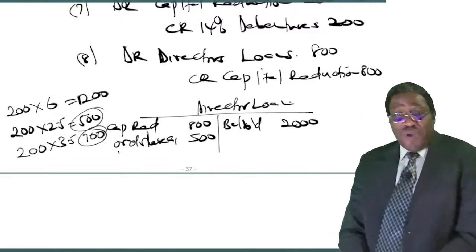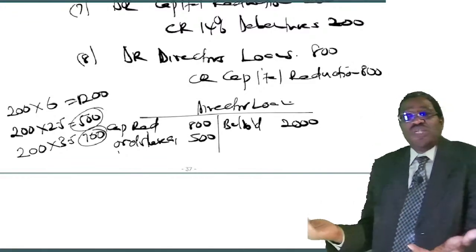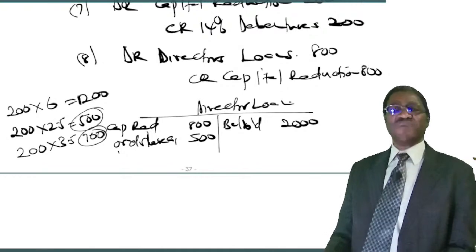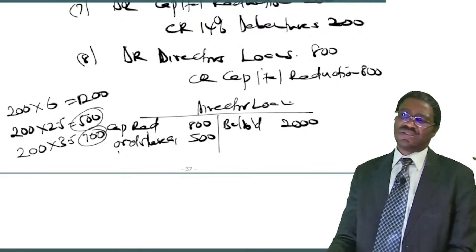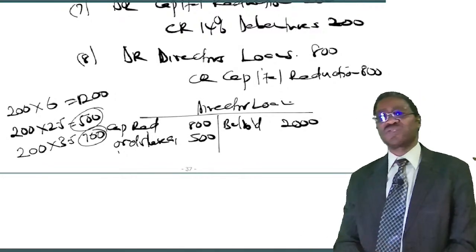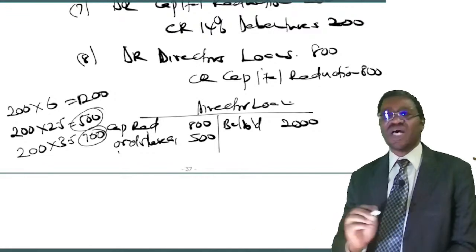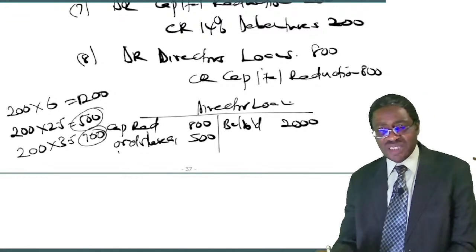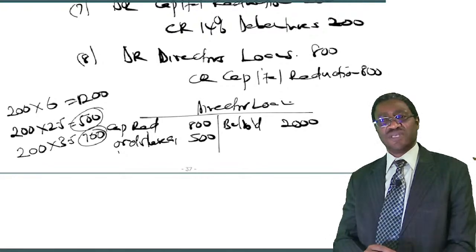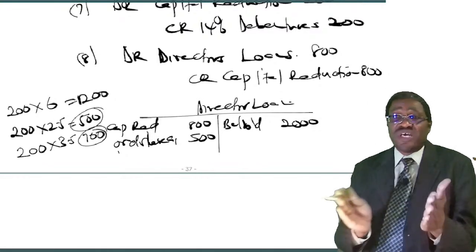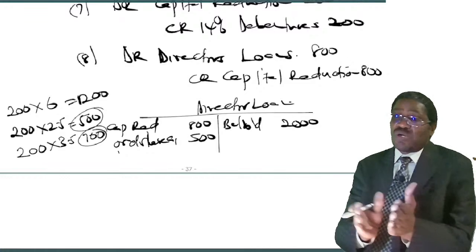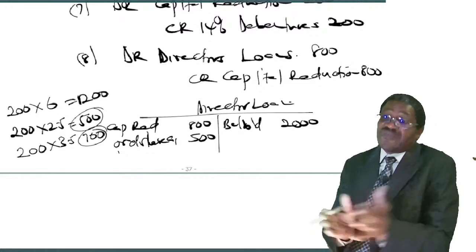I've wrapped one part of that. If you are issuing ordinary shares worth 500, then it means you are remaining with a balance. On the credit, I can see 2 million. On the debit, I can see 800. And on the debit, I can see another 500. There is another balance of 700 because on the debit, it's 1.3. Compare the credit 2 million, there is a 700.